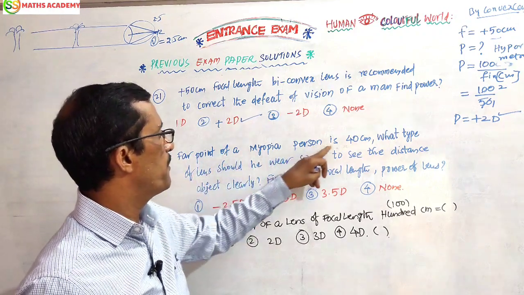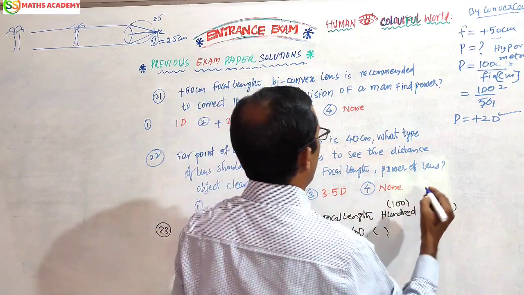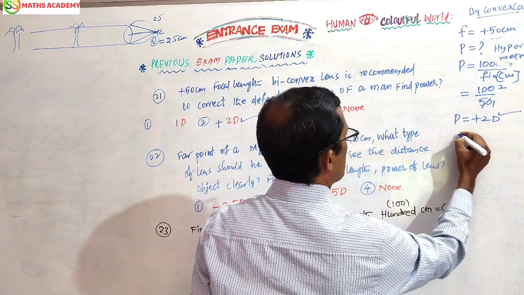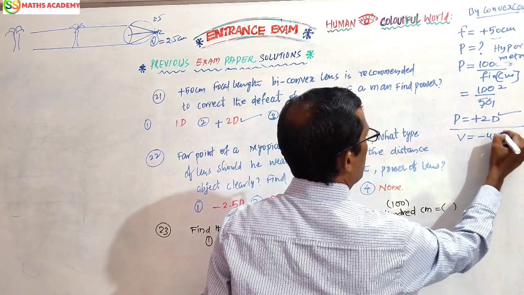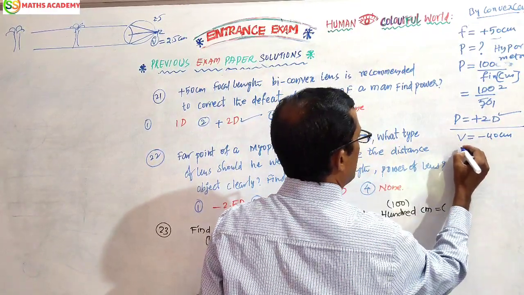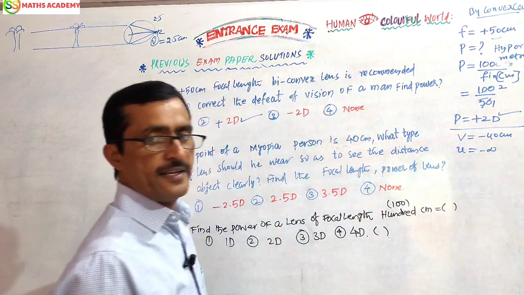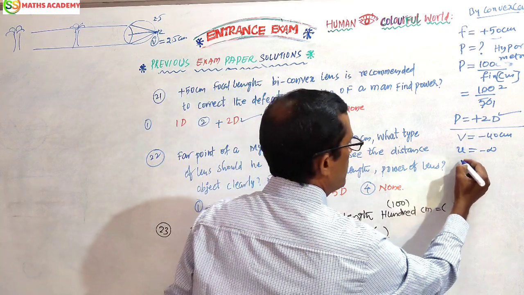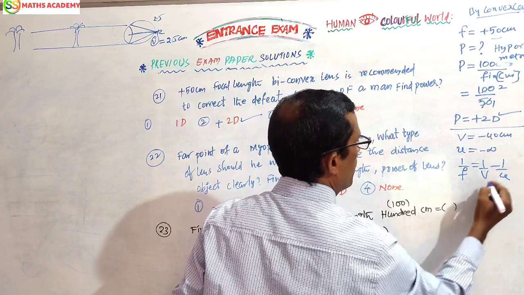The far point of a myopia person is 40 centimeters. So here v equals minus 40 centimeters. Next, u equals infinity. So we have the formula: 1 by f equals 1 by v minus 1 by u.